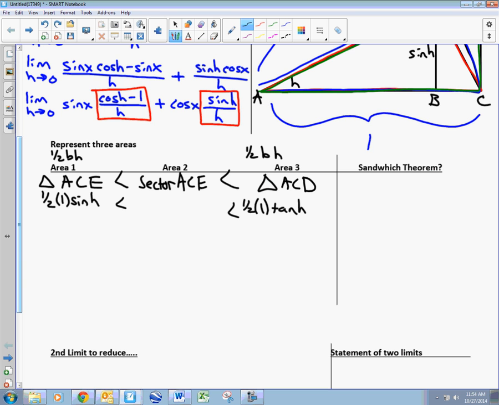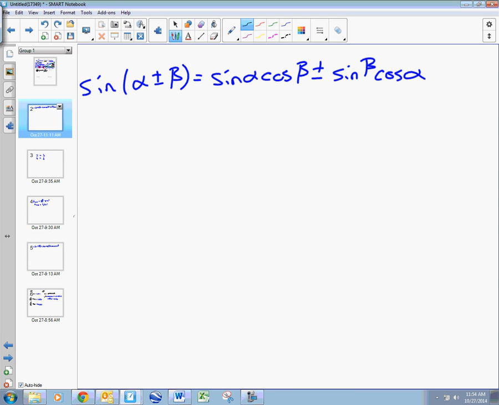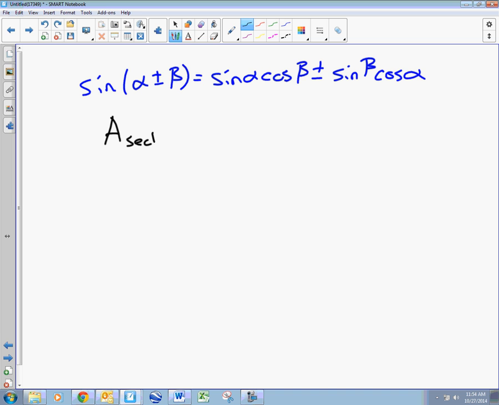Now I just need the area of sector ACE. And you remember from your math that the way I find area of a sector is I take the area of a circle, which is pi r squared, and I multiply it by whatever fraction I'm taking. So H divided by the total amount of a circle.